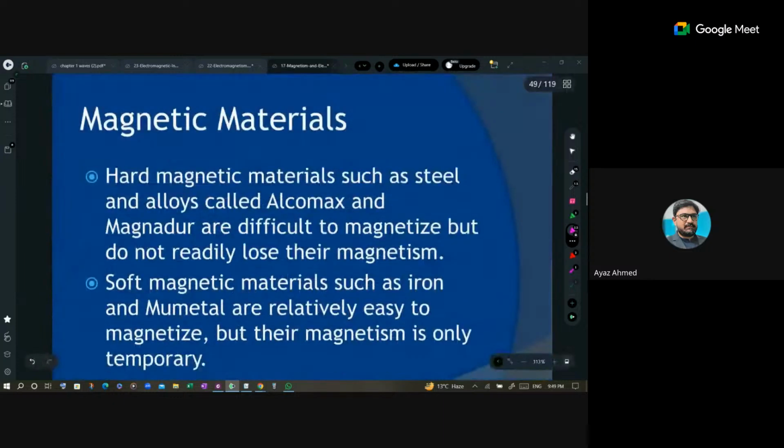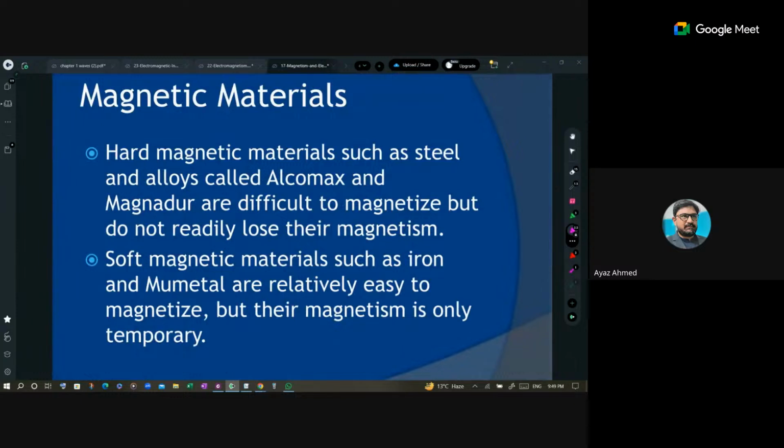Remember this thing about magnetic properties: hard magnetic materials such as steel alloys are called Alcomax and Magnadur. These are just names, no need to remember them. Steel is a hard material, so it is hard to magnetize and hard to demagnetize.